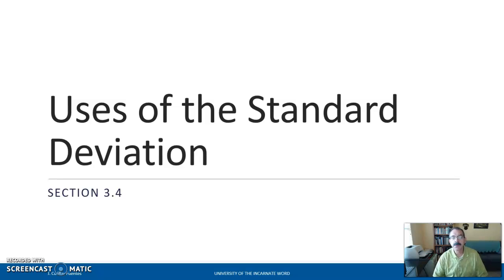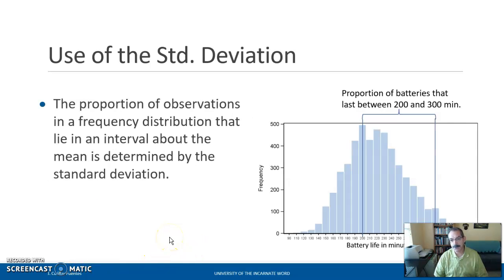In this segment of the Module 3 lecture, we're going to talk about the uses of the standard deviation. Often you hear, for example, on TV, every time they advertise batteries, they may say, well, our batteries now last 30% more than, I don't know if other batteries or their own batteries or their competitors' batteries, who knows.